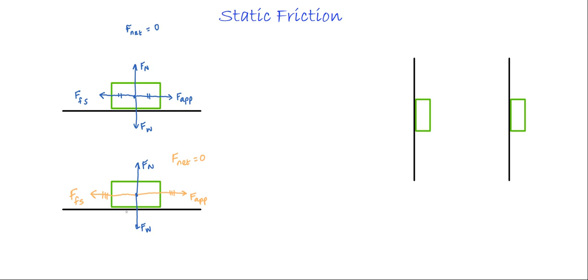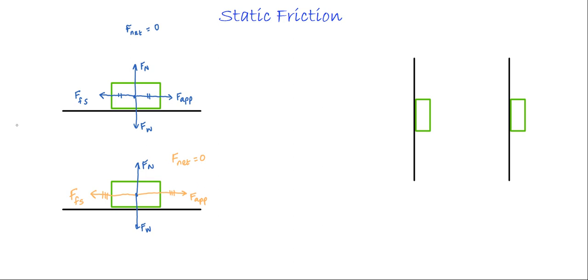Now there isn't really a relationship between these two variables specifically. In the specific experiment there is. As the applied force gets bigger, the static frictional force gets bigger. But they don't have a relationship beyond that. At some point I'll reach the maximum static friction, and at that point the box will begin to move. And this will change from static friction to kinetic friction, and the value will change considerably.